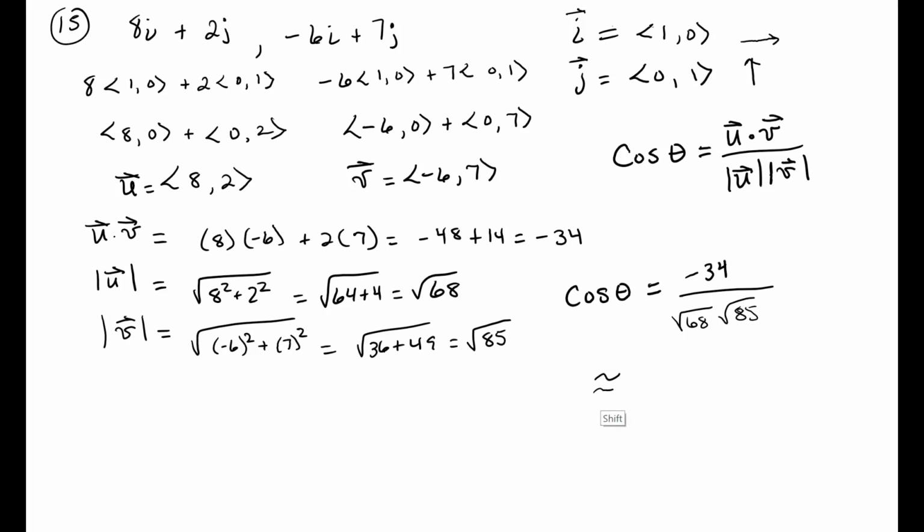You're going to get some approximation that's about negative 0.447. So then you take the inverse cosine of negative 0.447, and you get something in the ballpark of 116.6 degrees. So this is the angle between these two vectors.